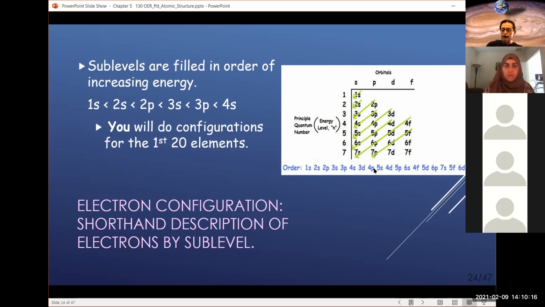Now, the confusing part that happens here is, let me highlight it in a different color, the 3D. Notice how we go 4s, and then all of a sudden, the 3D arises. Well, here's the reason behind that.